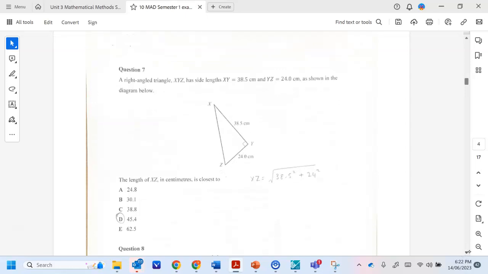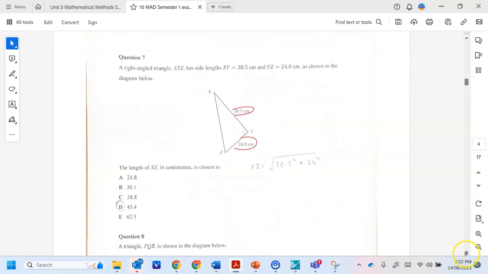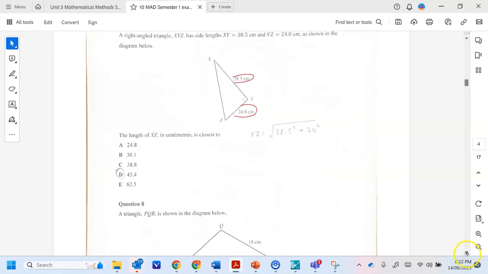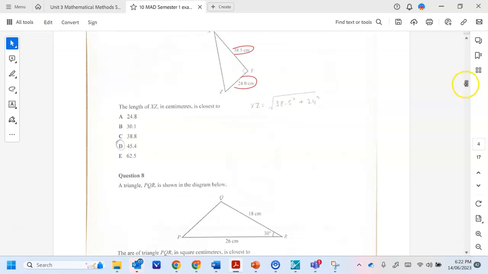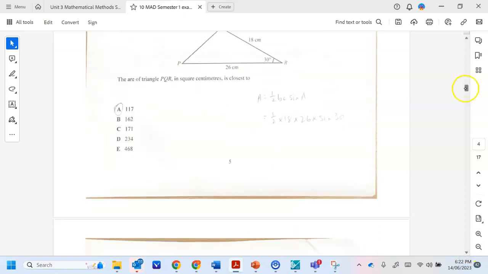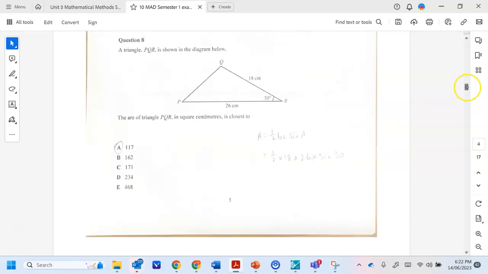All right, question 7, a right angle triangle XYZ has side lengths 38.5 and 24. What is the length of XZ? So just using Pythagoras' theorem, wasn't a hard one. Question 8, sorry, I either scroll really quickly or I don't scroll that fast at all.